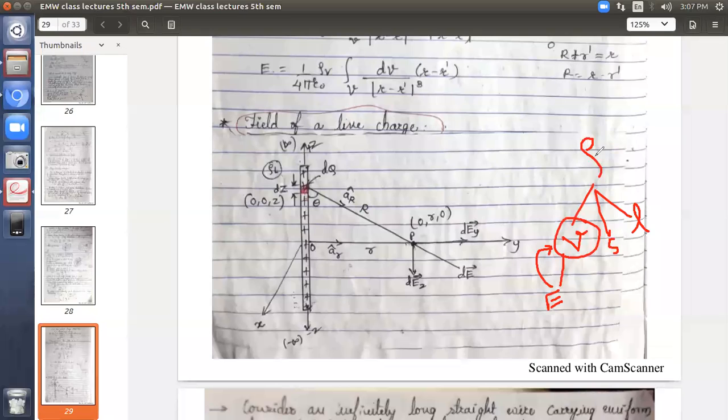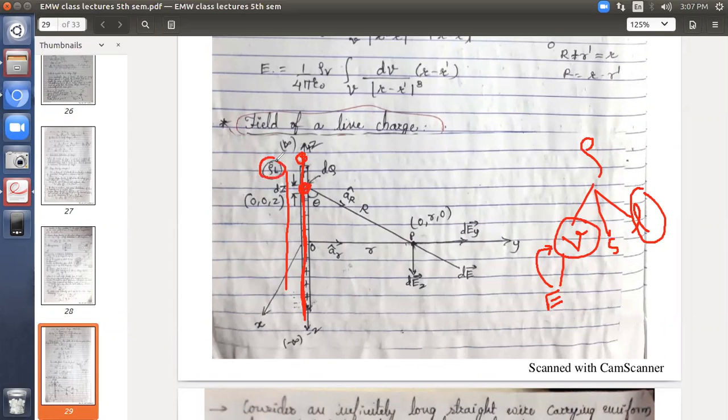And in the previous session, exactly just before this session, we have seen how to find the electric field intensity for a line charge. For a line charge, we have taken a long, infinite wire, whose thickness is very small compared to its length. Infinite wire we have considered, and we have taken a small portion of this wire.